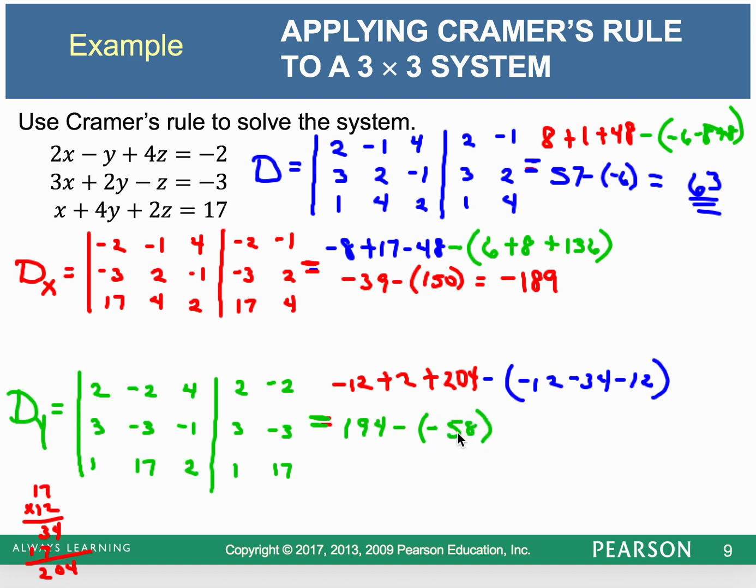So I would add this. So 252. Okay, to make room, I'm going to have to erase this again. So let's keep track of, we have our d sub x that we found to be negative 189, and d sub y is 252.